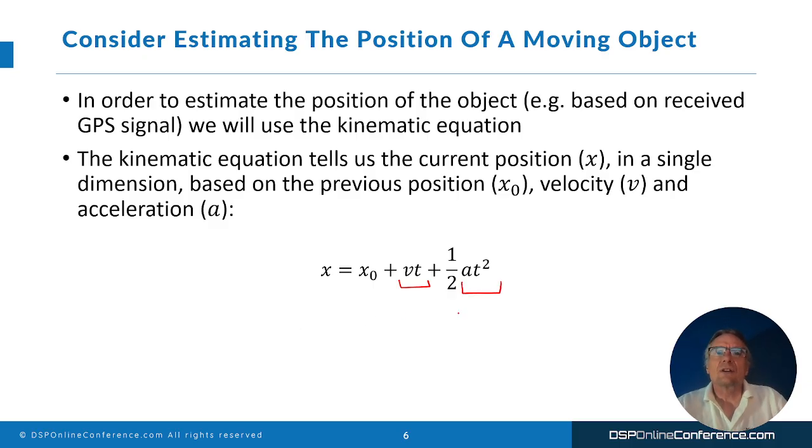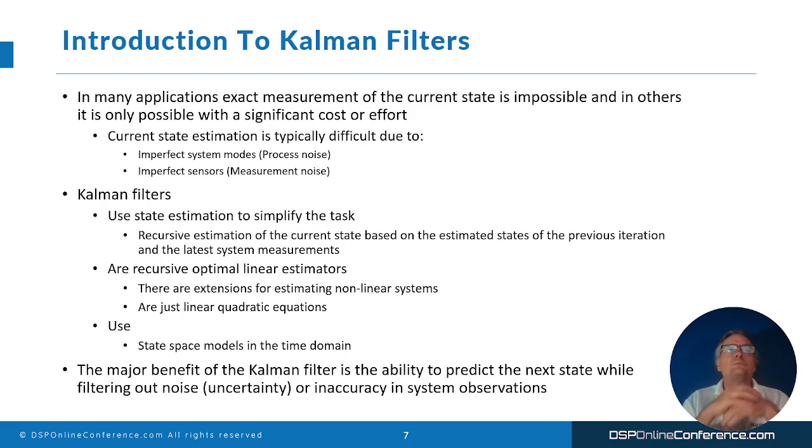We all know this, I'm sure. Current position is the previous position plus the velocity times the time interval plus half the acceleration times the time interval squared. So using this, we can estimate the new position of our moving object.